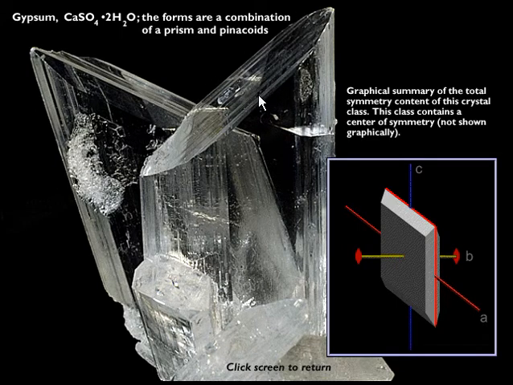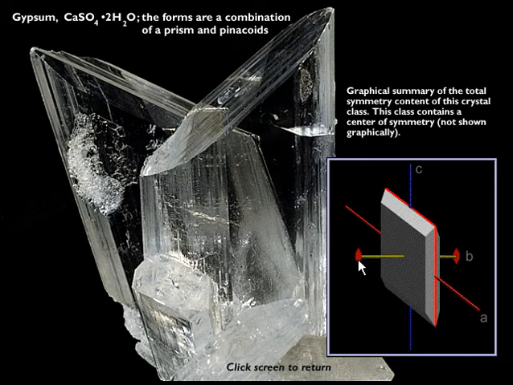We have here the mineral gypsum, which is a calcium sulfate with water inside, and the forms are a combination of a prism and pinacoids. Graphical summary of the total symmetry content of this crystal class. This class contains a center of symmetry not shown graphically.